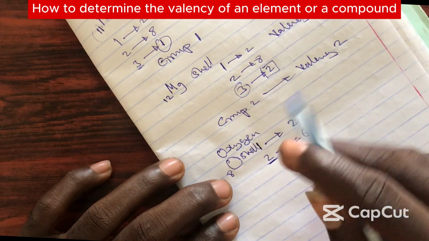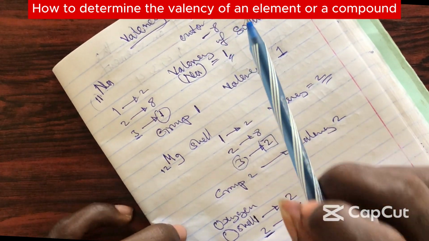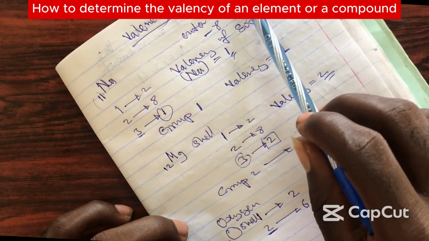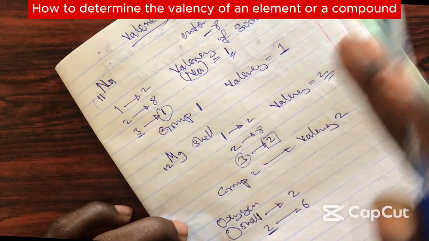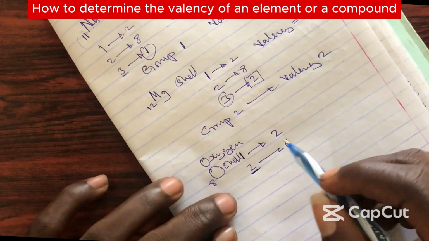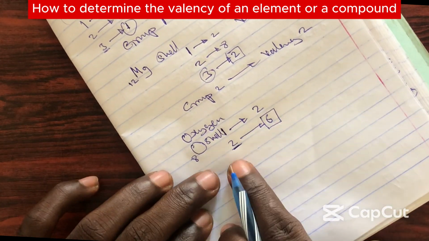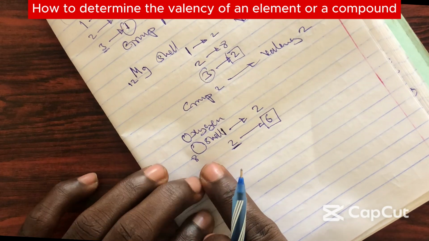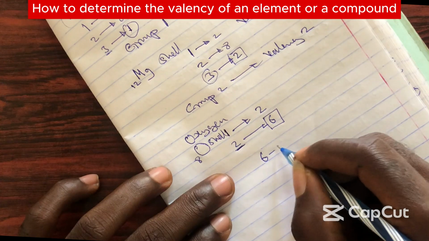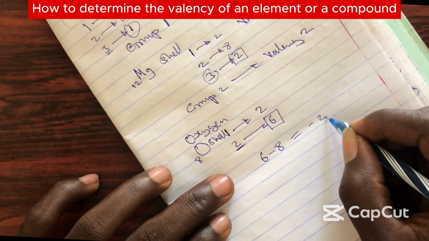Now we want to know the valency of oxygen. But we learned earlier that if the number of electrons in the outermost shell exceeds 4, which means it is more than 4, we have to subtract from 8. Hence we have 6 electrons in the last shell of oxygen. So 6 minus 8 gives us minus 2.